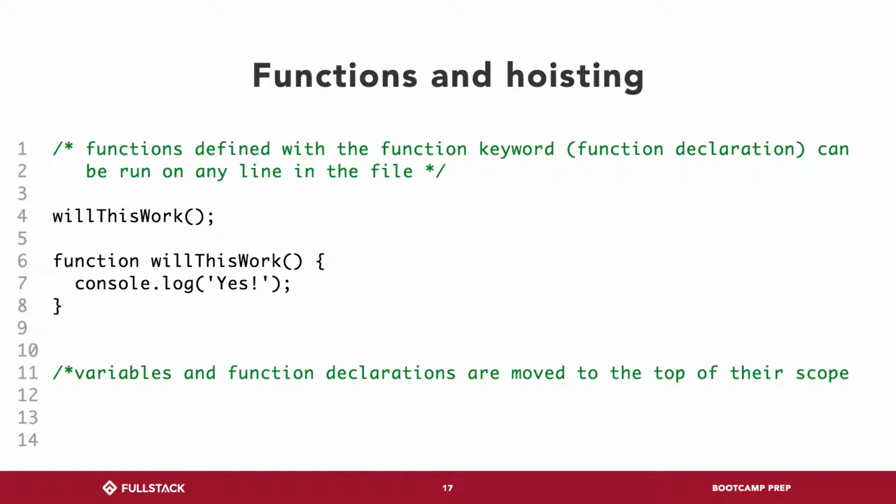If you're going to do that, then the const willThisWork will be hoisted, but not the actual assignment of that variable to this function. So you won't be able to call it. It'll be like trying to invoke an undefined variable. That's a very good question, because that might be what trips people up: functions, I can just define them wherever and they'll work wherever in the file, but actually it's only if you use the function keyword.